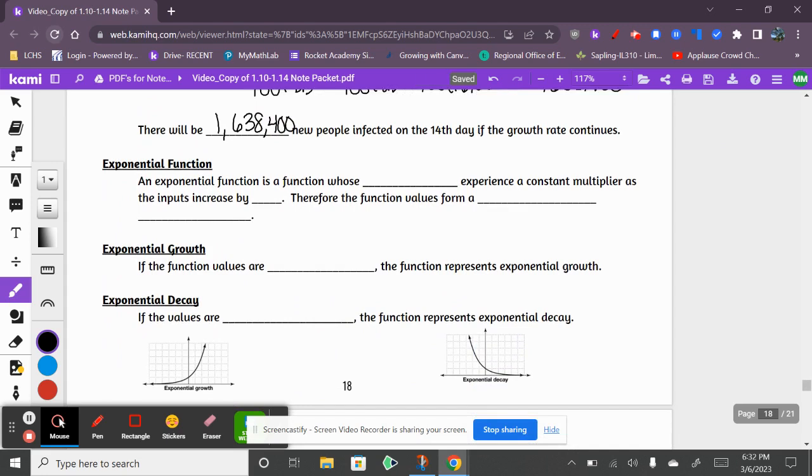So an exponential function is a function whose outputs experience a constant multiplier as the inputs increase by 1. Therefore, the function values form a geometric sequence. Similar to what we were looking at with arithmetic and linear, there is a relationship between geometric and exponential.